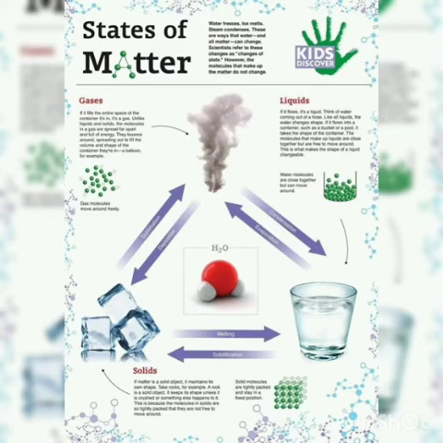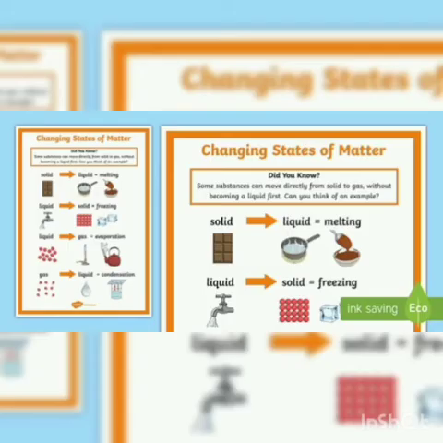It keeps varying from object to object. In the case of ice, it is 0 degrees Celsius. When you keep the ice cube above 0 degrees Celsius, it comes to the liquid state. So the melting point of ice, that is water, is 0 degrees Celsius.